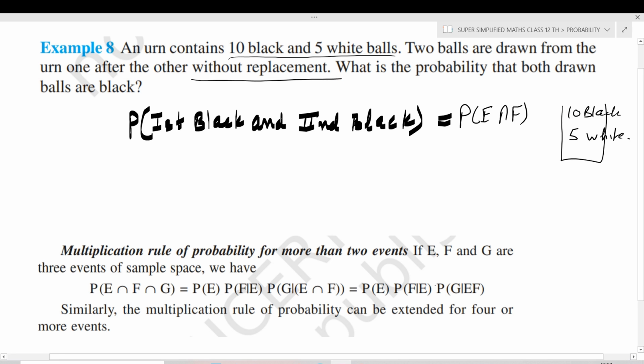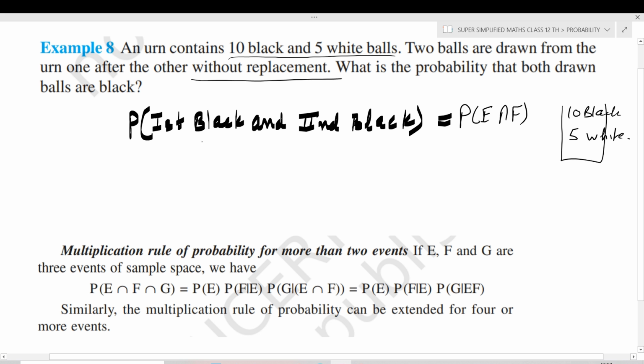This is the thing to be paid attention to, that we are taking out two balls but we are not replacing the first ball that we take out; we keep that aside and then we take out the second ball. So the experiment is, we take out the first ball and we don't keep it back in the urn but keep it aside, and then we take out the second ball. In that case, what is the probability that both the balls that we take out are going to be white?